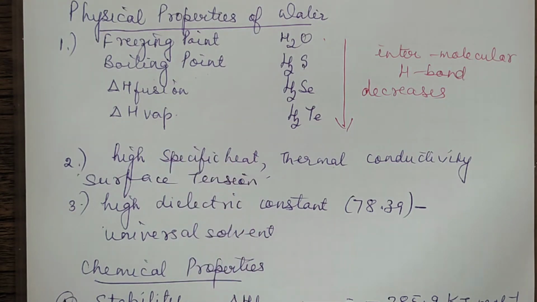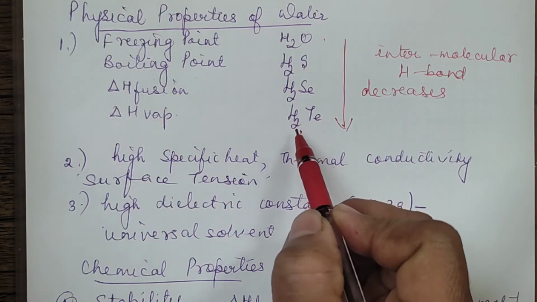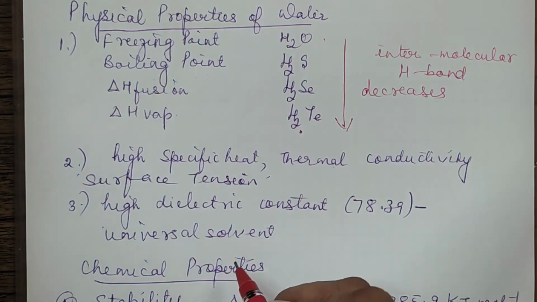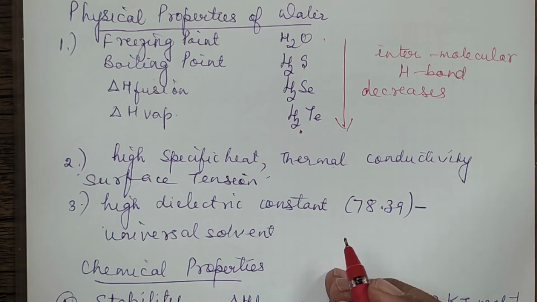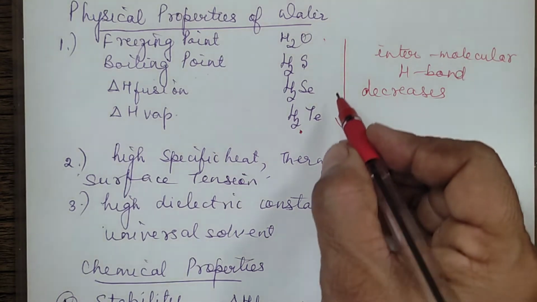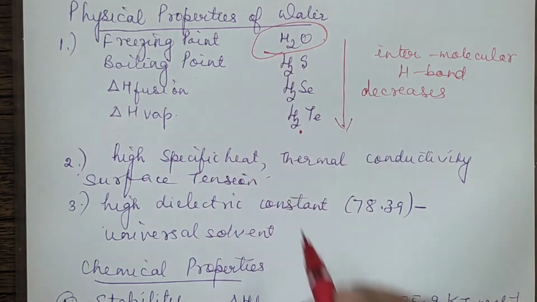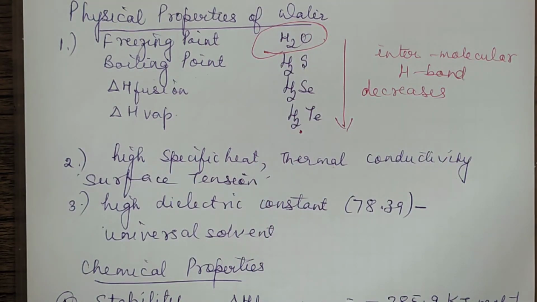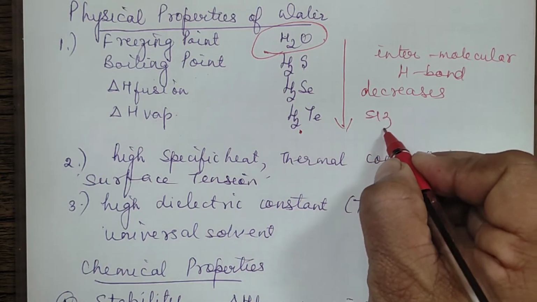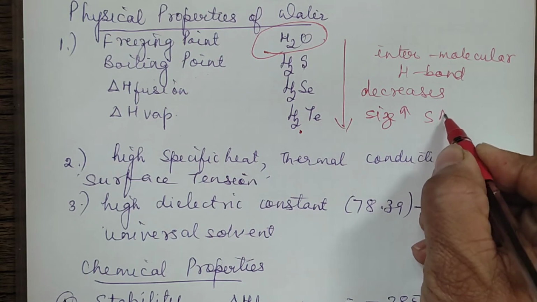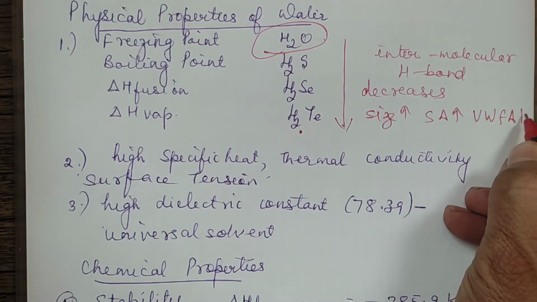Okay, normally what we expect is, down the group, size of the molecule increases. Size increases means van der Waals forces are increasing, surface area is increasing. So, we expect these properties should be increasing. General aspect, size increases, surface area increases, van der Waals forces of attraction should be increasing.